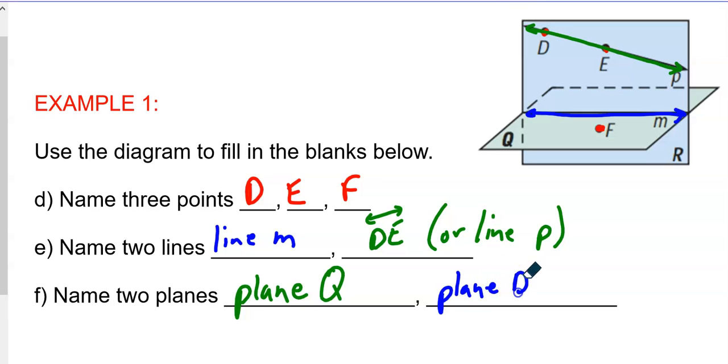So plane DEF, and again, points are always capital. Or I could have named it by the uppercase letter R. You don't have to write both. So again, I'm just showing you that there's a couple different types of answers you could have for this. Okay, either way would be fine.